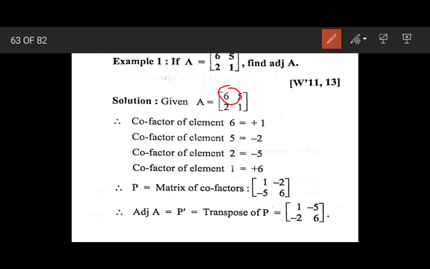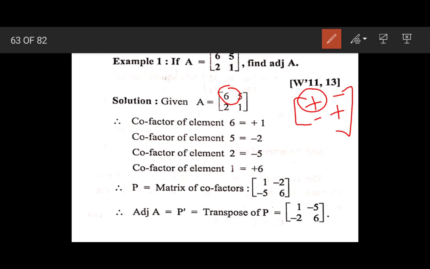Now the cofactor of element 6 will be, first write down the sign. So it is a 2 by 2 matrix, so the signs will be plus, then minus and then plus, right? So you take the sign from this matrix.